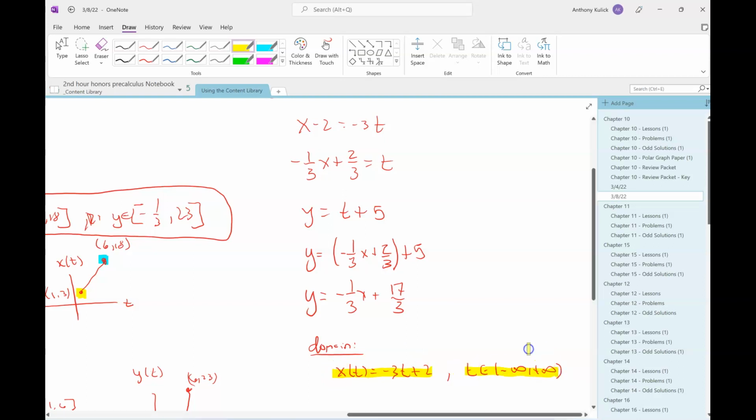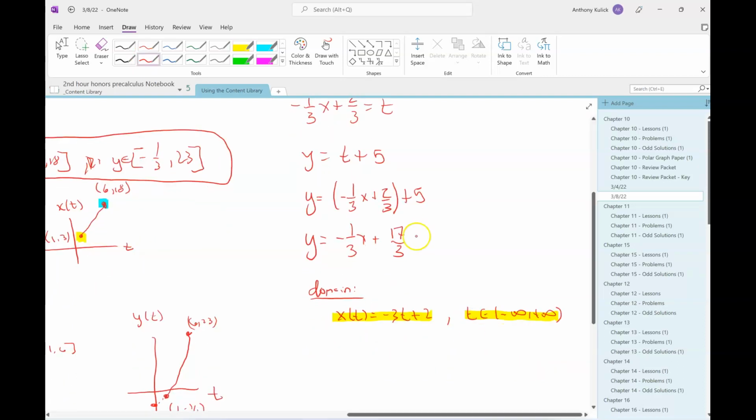And since the domain for that linear function is all real numbers, what does the range also have to be? So the domain for my Cartesian function also has to be all real numbers. Does that feel okay? All right.